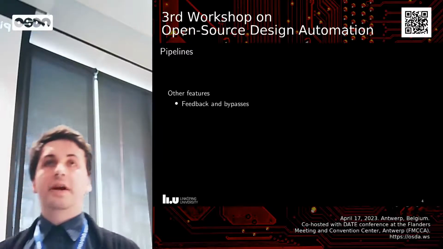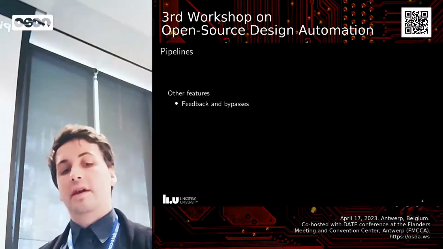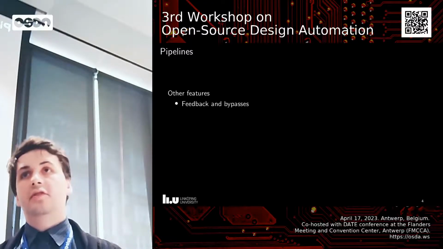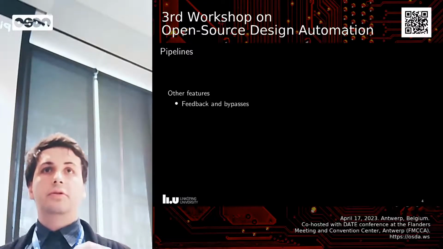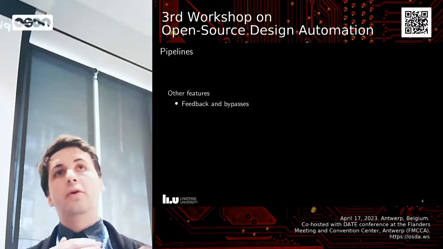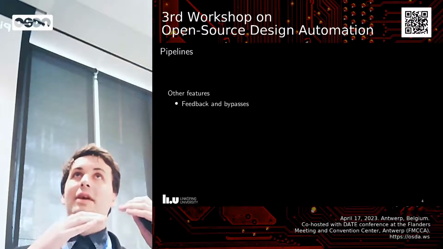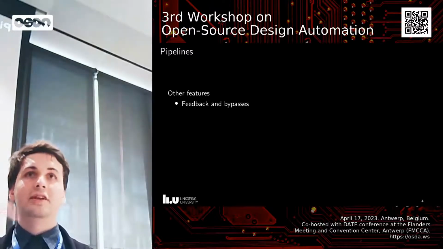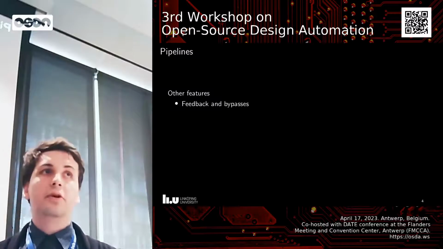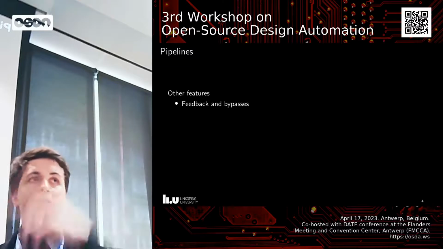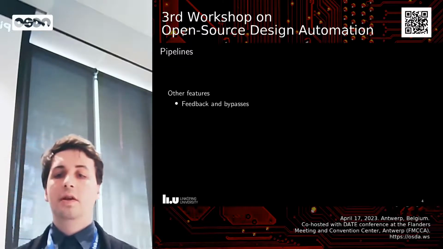This pipelining feature has a few more things that I don't have time to go into. You can do feedback and bypasses, so you can say, I want to refer to the value of this register 2 cycles ago, or the value as it appears in two stages below me, for example. This is very useful if you're doing something like a processor where you have a register file that sort of feeds back on itself.